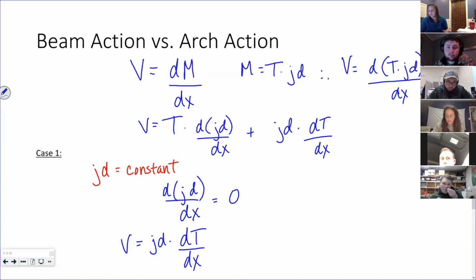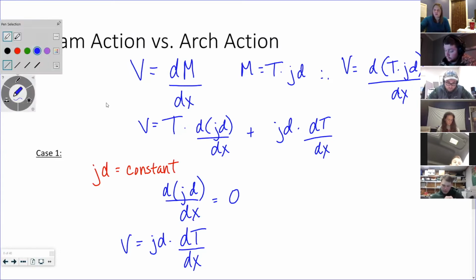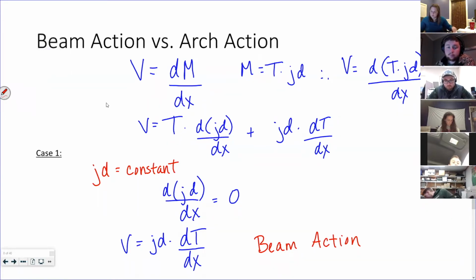Your tensile force varies along the length because your moment varies along the length, and the moment is directly related to that tensile force. So this is called beam action, acting like a beam.